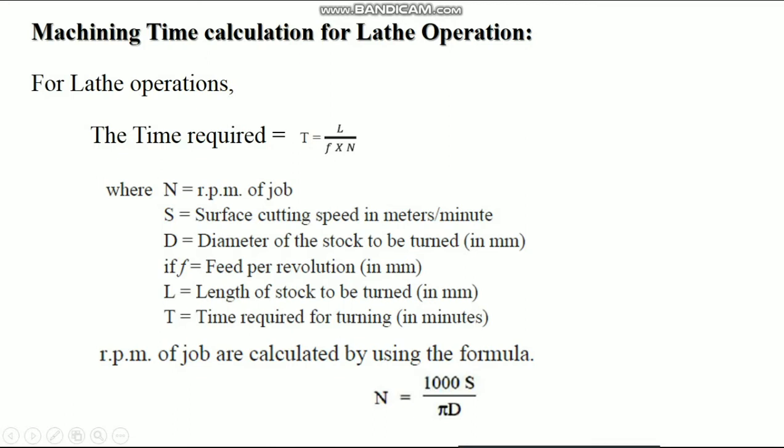D is the diameter of stock to be turned. L is the length of stock to be turned. T is the time required for turning in minutes. RPM of the job is calculated by using the formula N is equal to 1000 S by pi D.